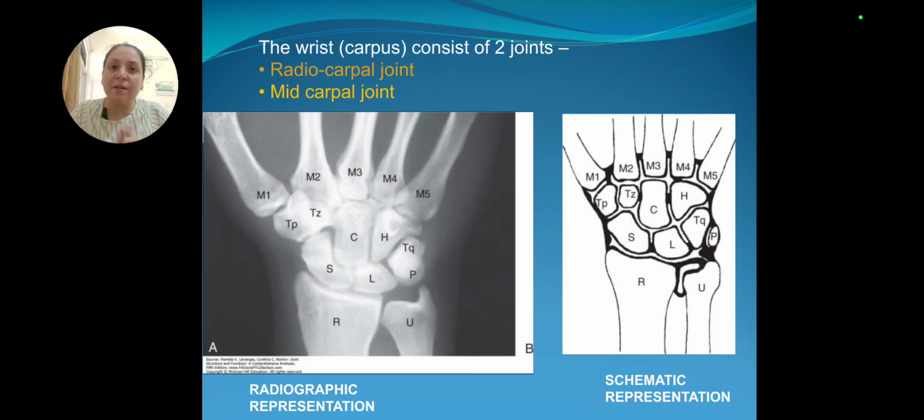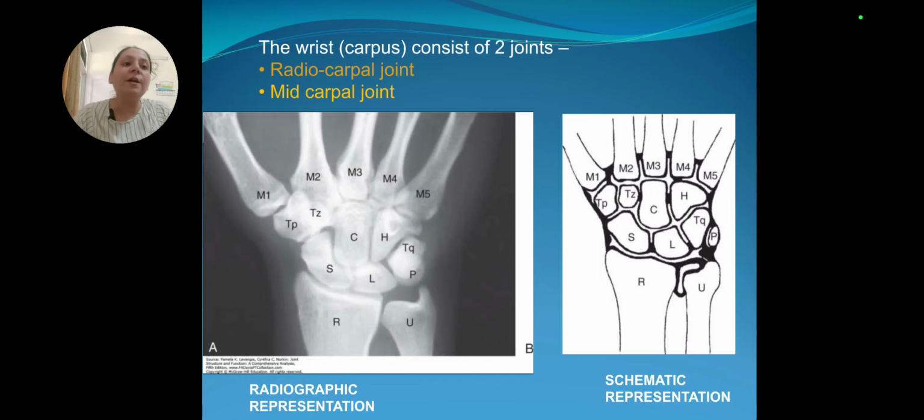Now do you remember the wrist bones? You can see the proximal row has scaphoid, lunate, triquetrum and pisiform. The distal row has the trapezium, trapezoid, capitate and hamate. Can you see this? The boat-shaped one is the scaphoid, and the central capitate plays a very crucial role because it becomes the center point of the axis of wrist motion.